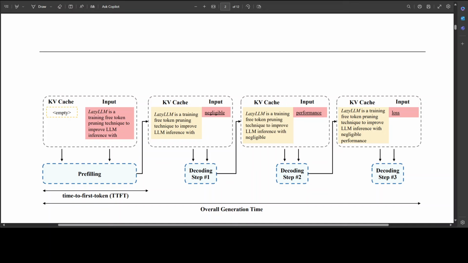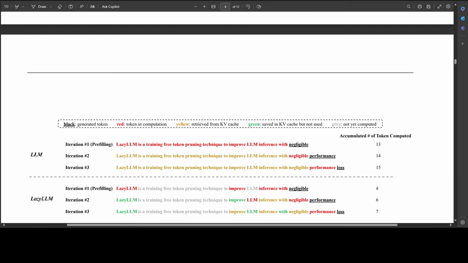So if you look at this diagram, this gives you another side of it. This is a comparison between standard LLM and Lazy LLM. Instead of computing the KV cache of all input tokens at the pre-filling stage, Lazy LLM only selectively computes the tokens that are important to the next token prediction, deferring the computation of remaining tokens to later steps.